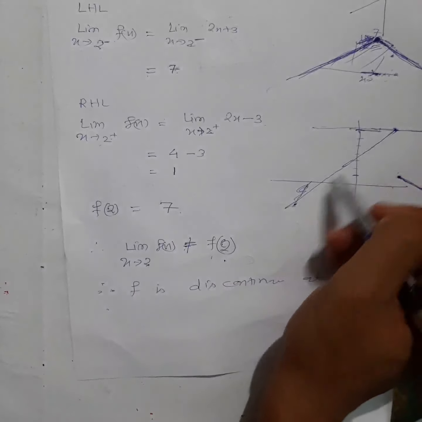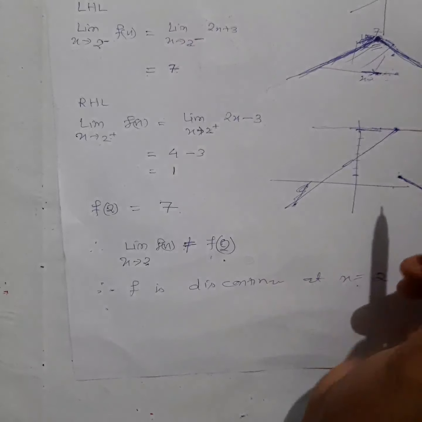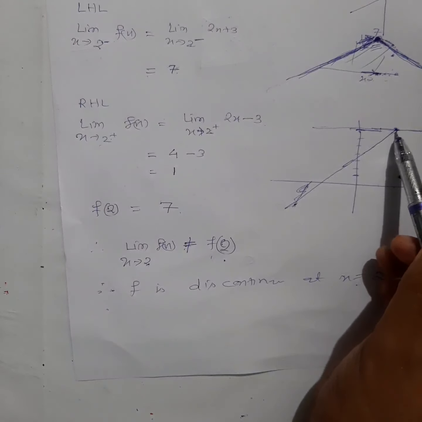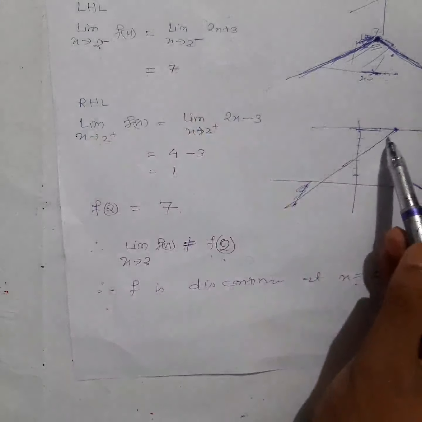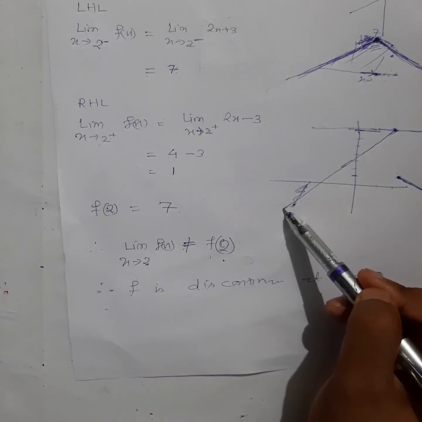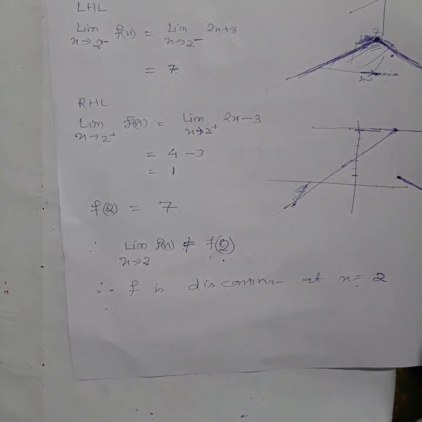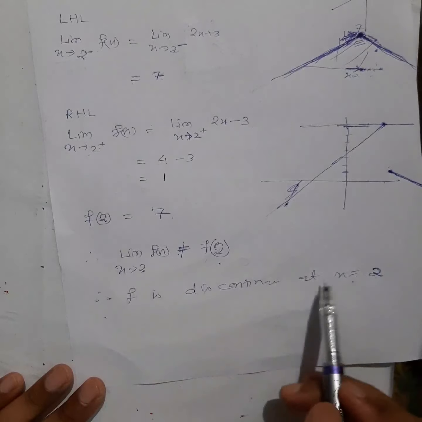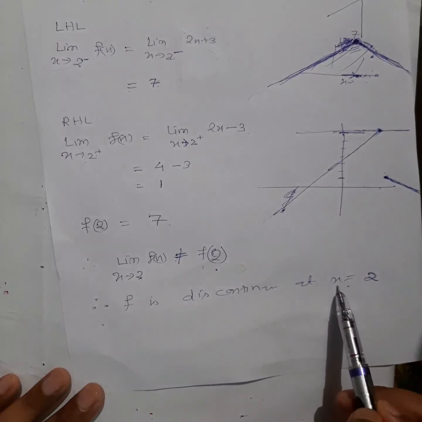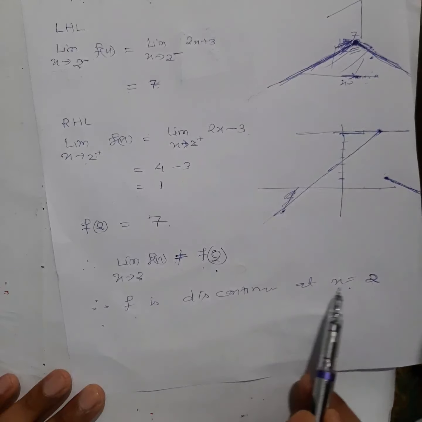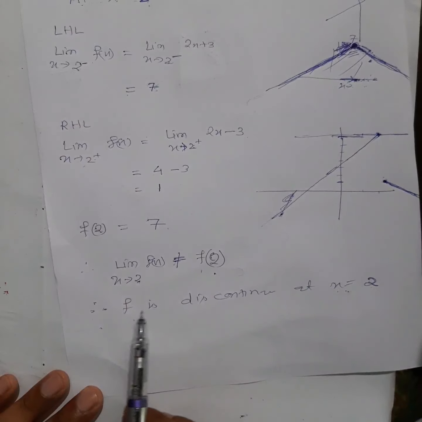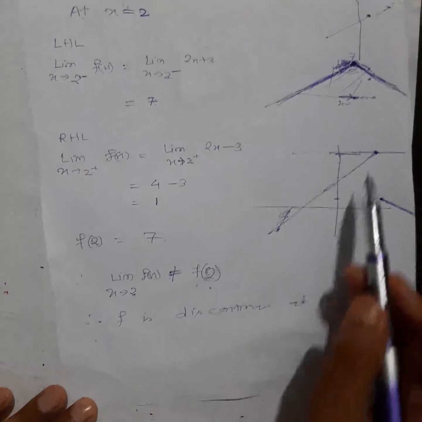We have to mention like this also: the function will be continuous at all points except 2. Okay, you have to write like that. But in this case, since they have just asked you point of discontinuity, we will mention f is discontinuous at x equal to 2. Means what? f will break at x equal to 2.